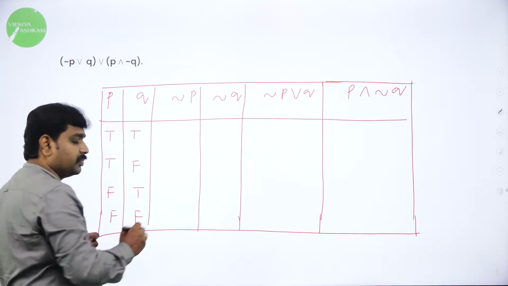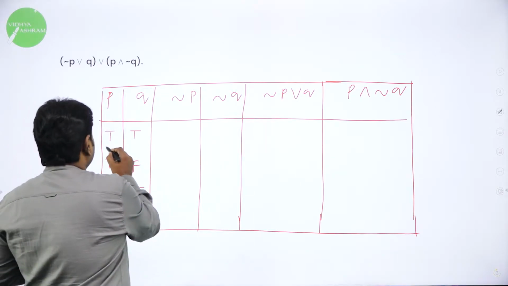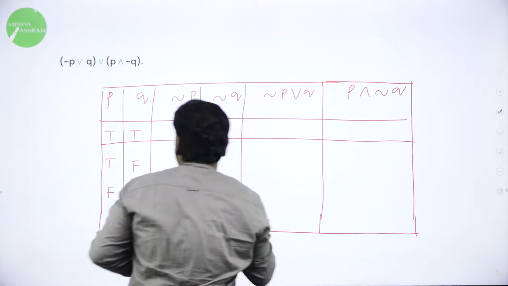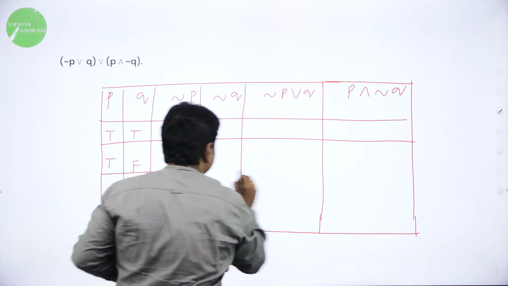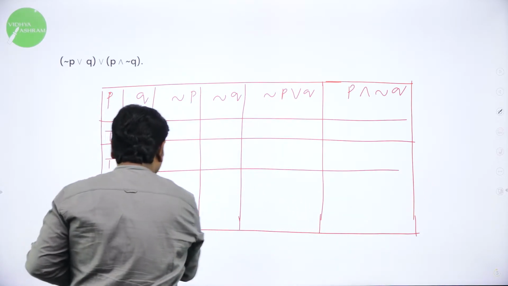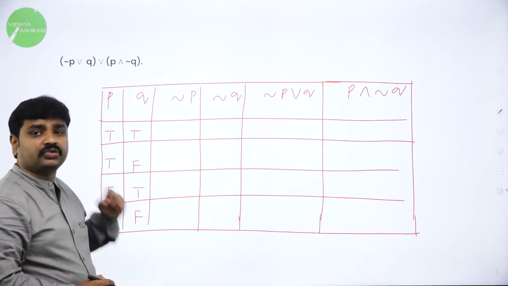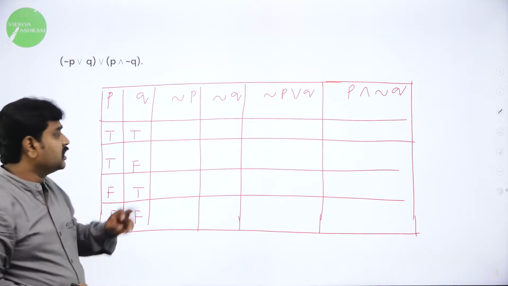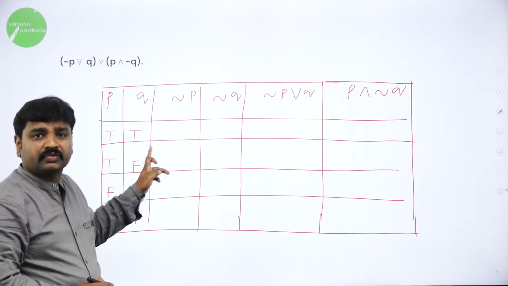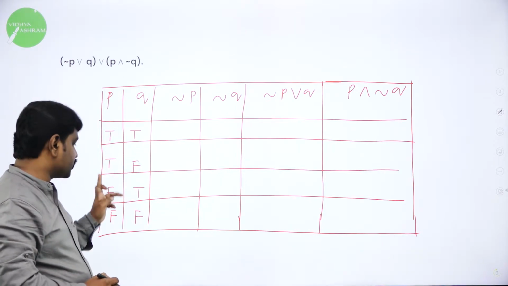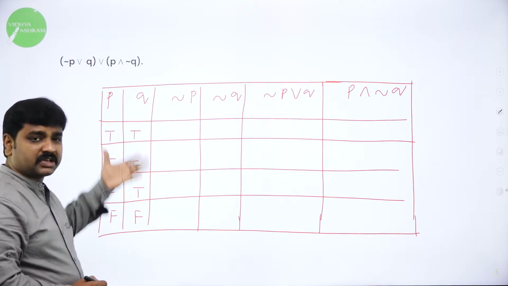These are the possible combinations. Now we'll fill the other columns. So 4 possibilities for every problem. If you have 2 propositions P, Q, the 4 possibilities are: first true, second true; first true, second false; first false, second true; false, false. These are the possible permutations.